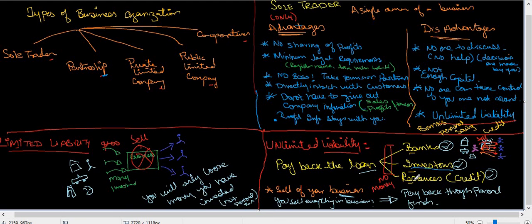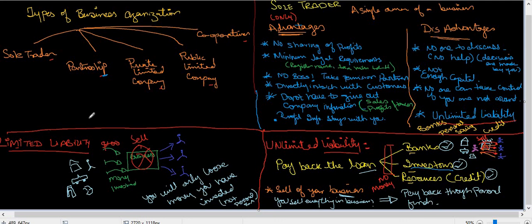So these are the few people you take loans from if you're a sole trader or a partnership or whoever. You take that loan, and if you can't pay it, you'll have to sell off your business. You sell off your business, you're still not able to pay back the loan, then what do you do? You pay back through your personal funds.